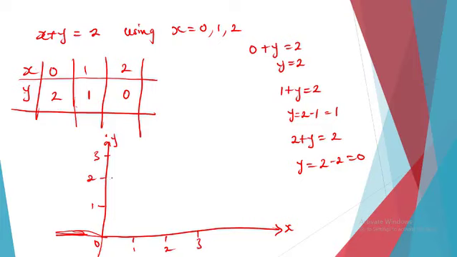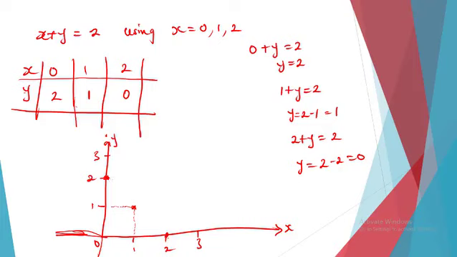This is the point. And then when x is 1, y is what? 1. This is the point where both of them intersect. Okay, then when x is 2, y is 0. So this is the point.